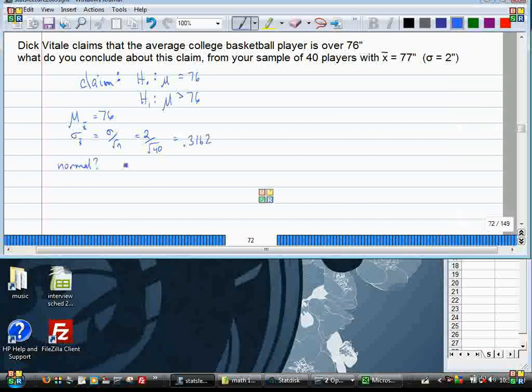Yes. n is at least 30. So we're good. Remember that the test is different if you're dealing with means or you're dealing with proportions. Okay. So now what can we do? Now we can draw the picture.